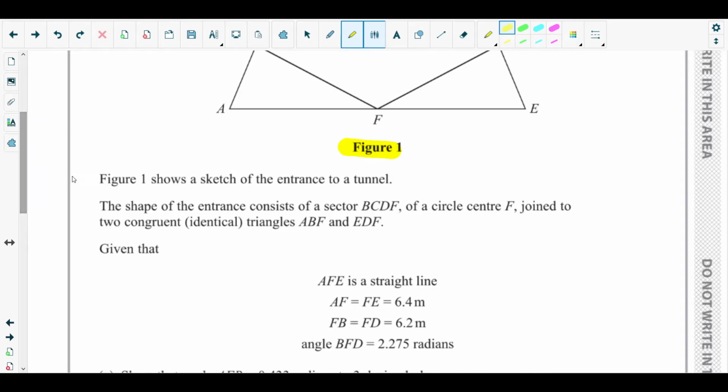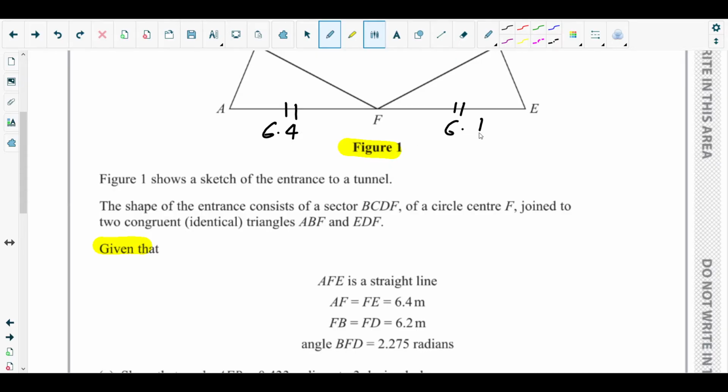Given that AFE is a straight line, you can see AFE is a horizontal straight line. AF equals FE, both 6.4 meters.